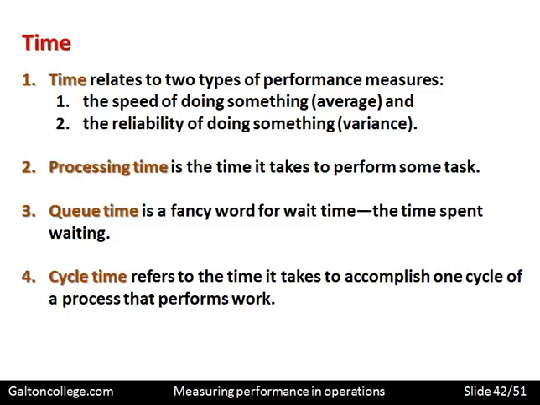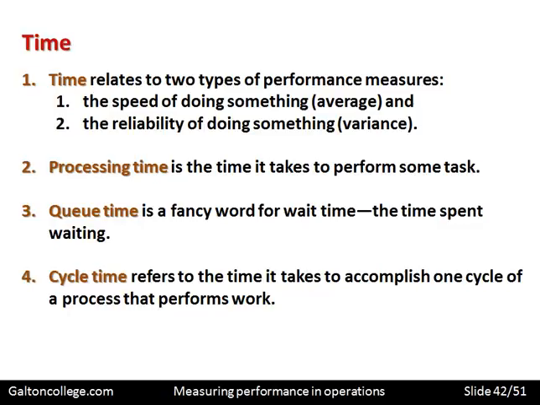So when we talk about time, we're talking about various measures of time, or concepts of time. We're talking about the average speed, we're talking about the variance, not just the average, but what's the likely spread around the average. We're talking about the processing time. How long does it take to perform one task?